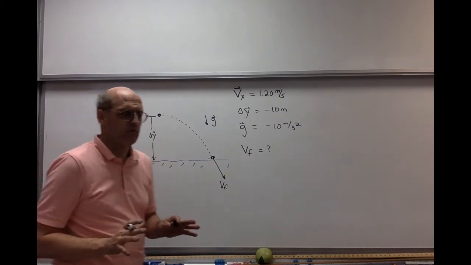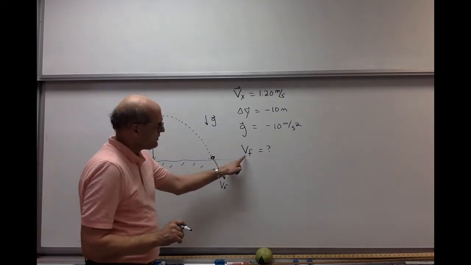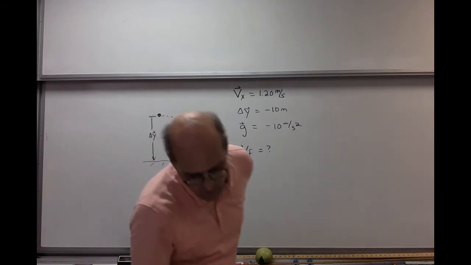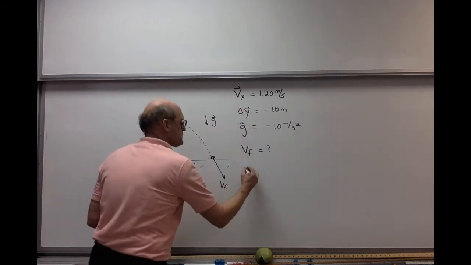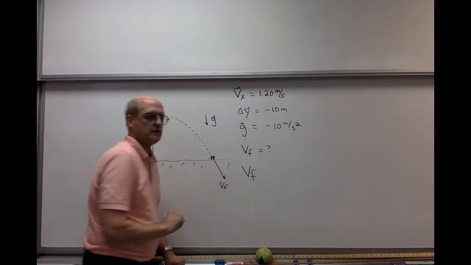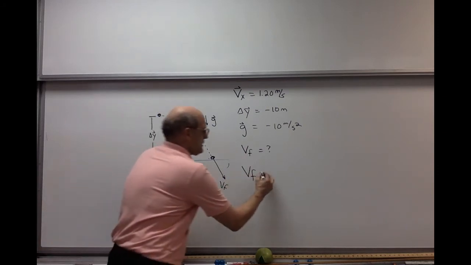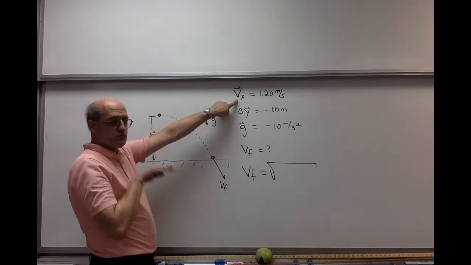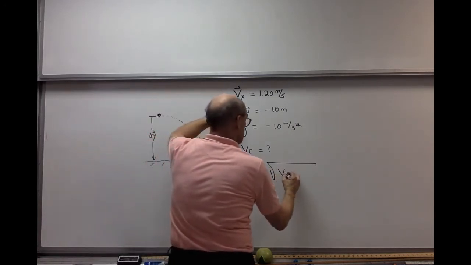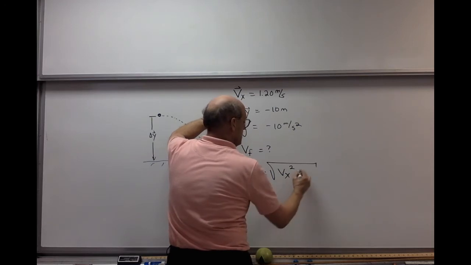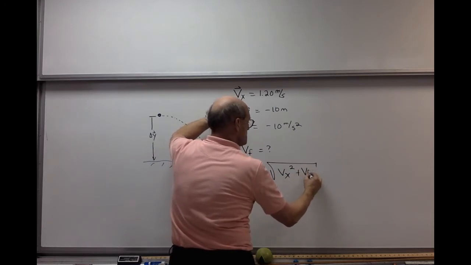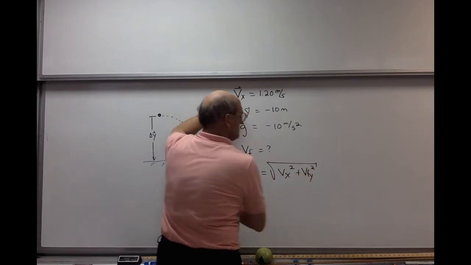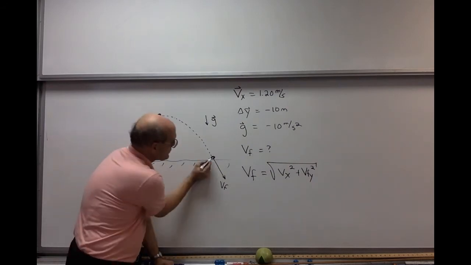So I'm going to start out by writing an equation for the final speed. I think they're looking for just speed, yes. So I'm going to use the Pythagorean Theorem. The final speed is equal to the square root of the diver's velocity horizontally squared plus the final velocity of the diver squared in the y direction.